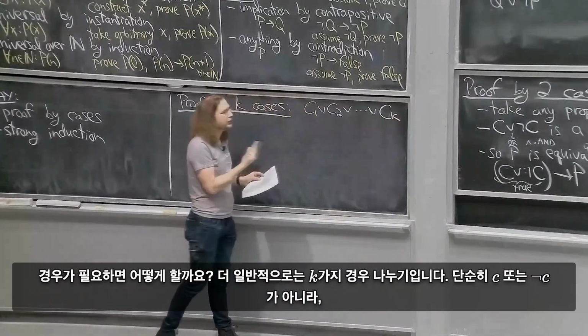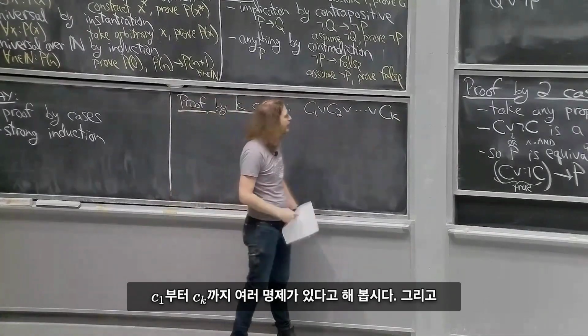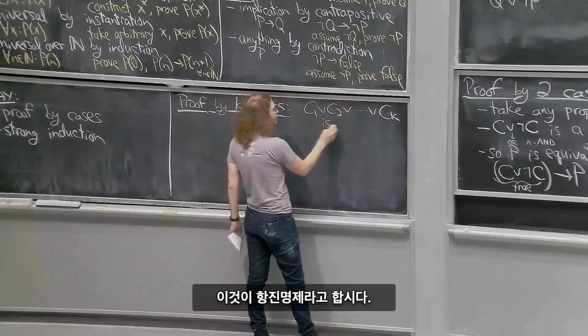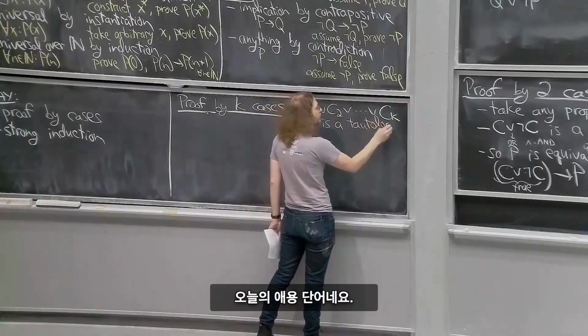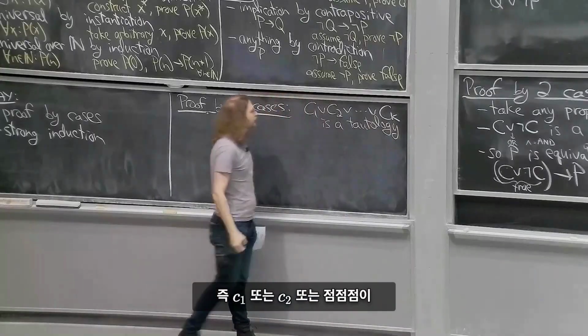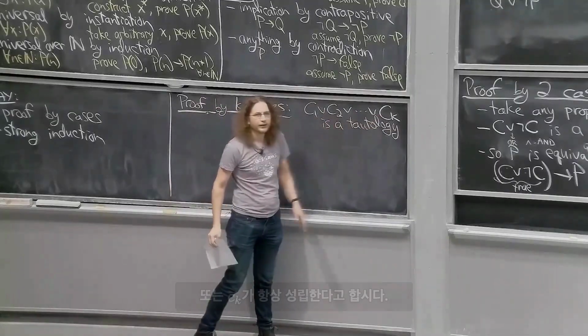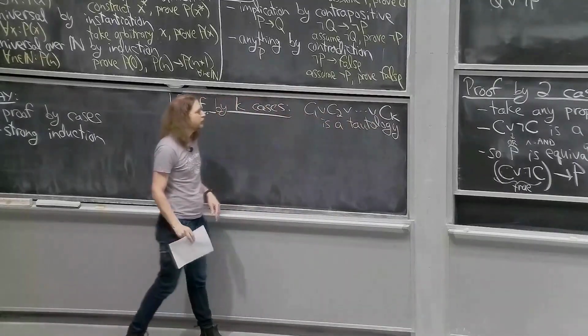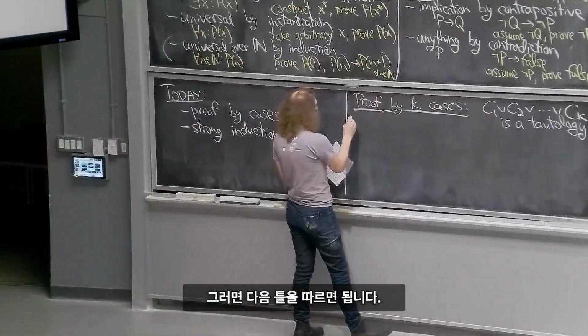So instead of just C or not C, let's suppose we have a bunch of propositions C1 through CK, and let's suppose that this is a tautology. Favorite word for the day. So suppose that it's always the case C1 or C2 or ... or CK. One of these things is always true. Then we can follow this template.